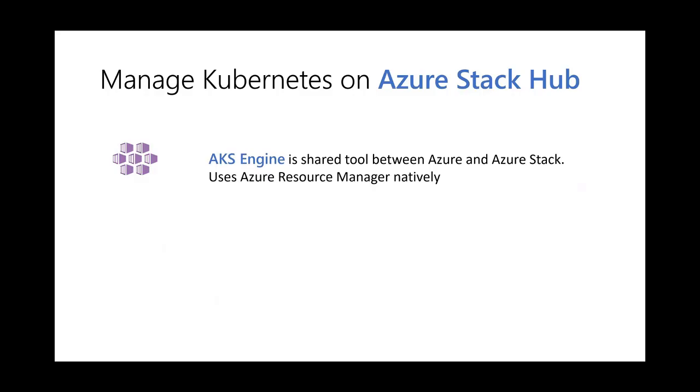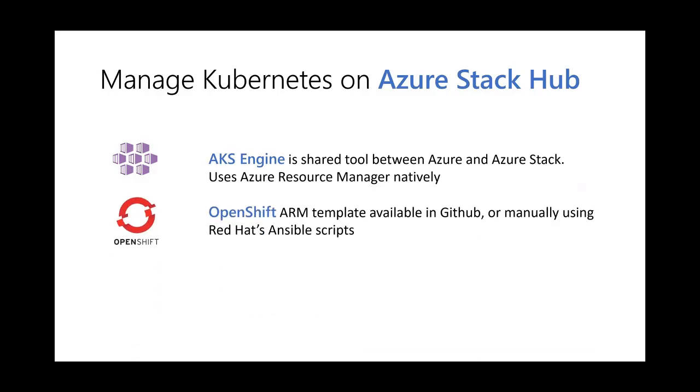You can go to GitHub, look up AKS Engine, and you will find it, and you'll see that it works for both Azure and Azure Stack. The AKS service itself in Azure takes advantage of this tool in various ways in doing some of the work that it does. So it's derived from this tool. You can think of this as the beginning of everything in regards to Kubernetes on Azure and then in Azure Stack Hub as well.